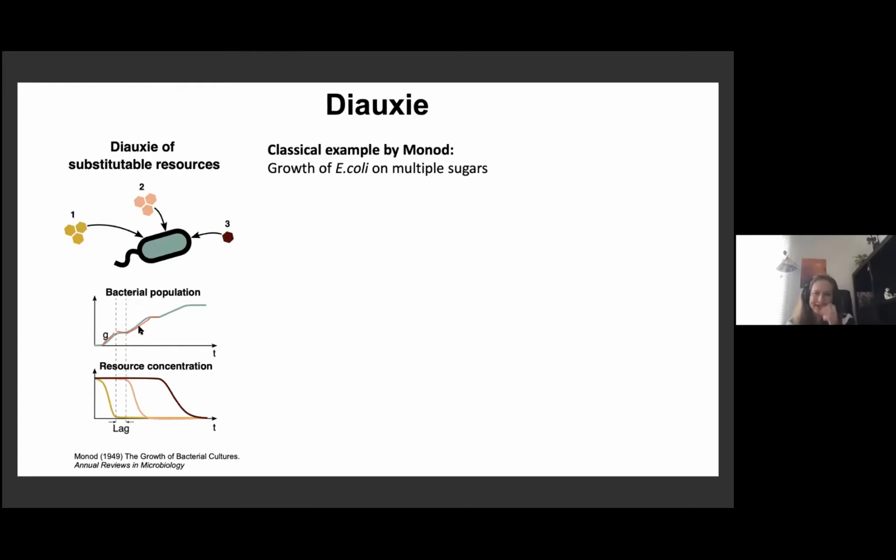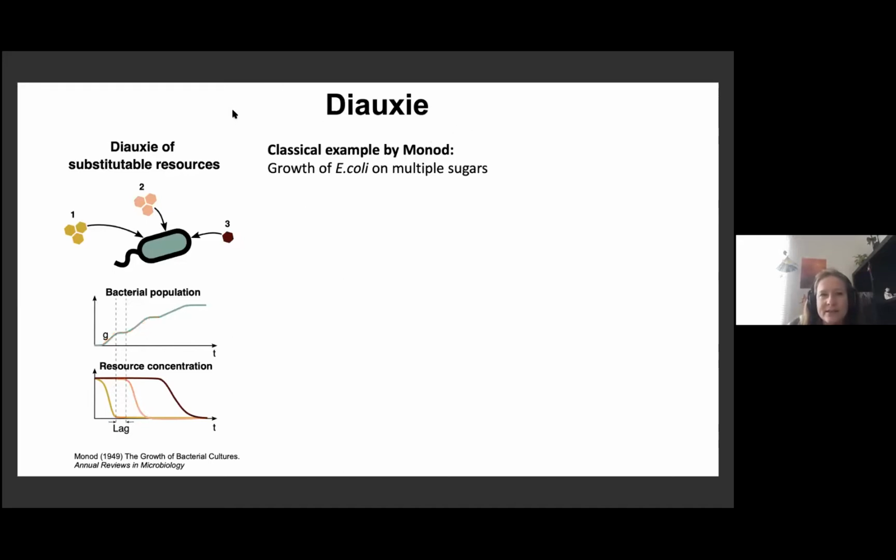If you measure how your resource concentration looks, you will realize that during the first phase, you deplete just one resource. Then during this lag, no resource is depleted and the cell is probably changing its strategy. Then the second resource starts getting depleted and so on.